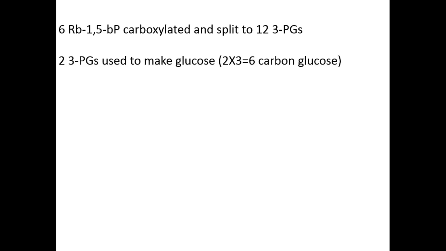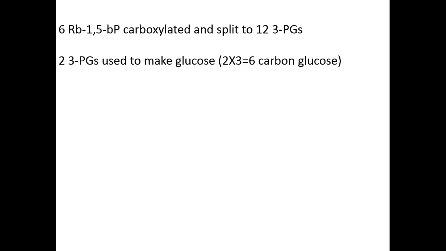That gives us a 6-carbon intermediate, 6 of them in fact, and each of them splits into 12 trioses, which are 3-phosphoglycerate. So we go from 6 ribulose 1,5-bisphosphates, absorbing an additional carbon each, splitting up into 12 3-PGs.